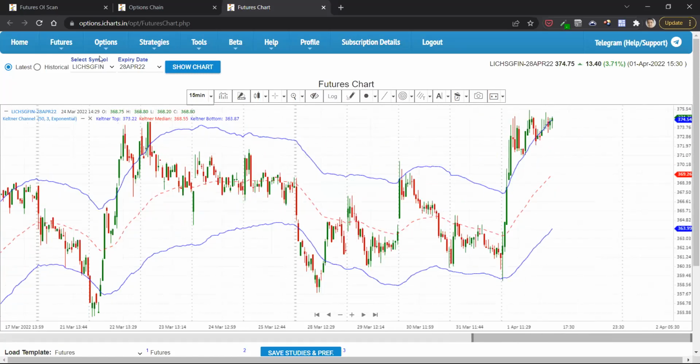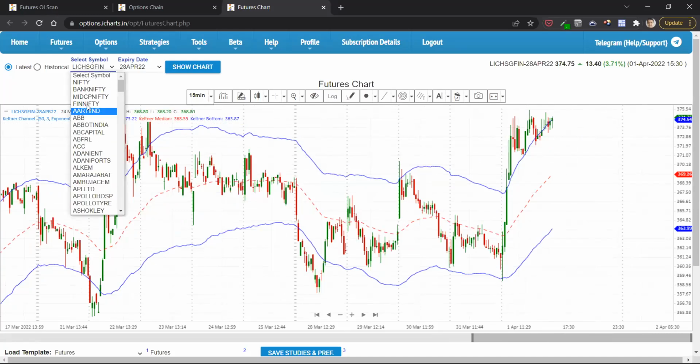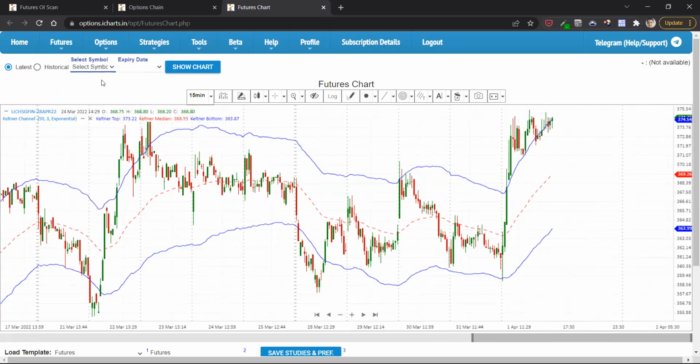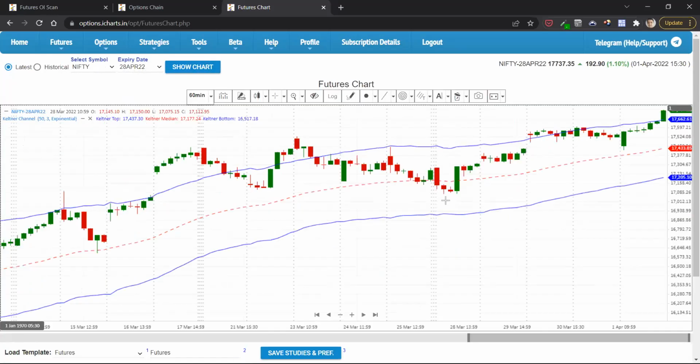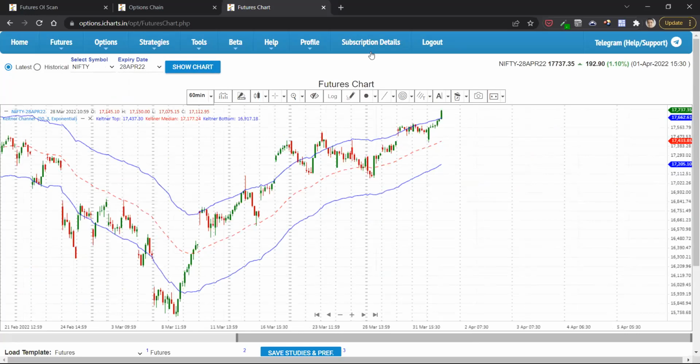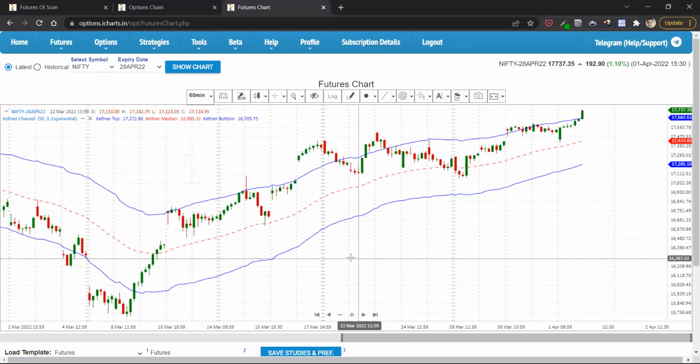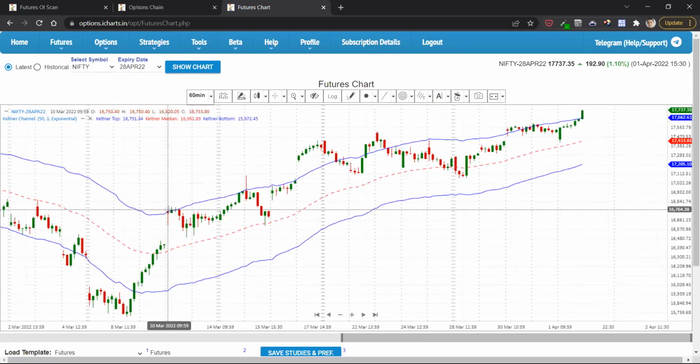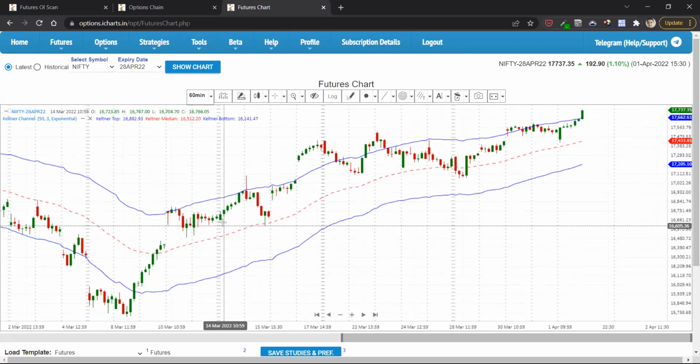There's one thing I do, but I do it on index. What I do is basically I'm looking at hourly breakouts here. This is the hourly chart.